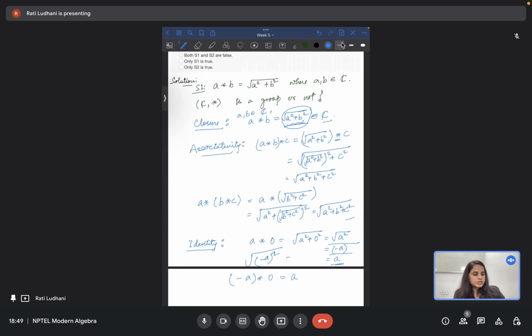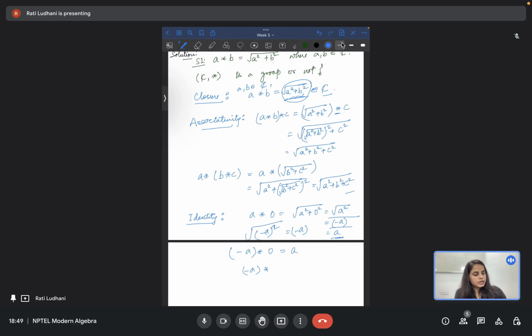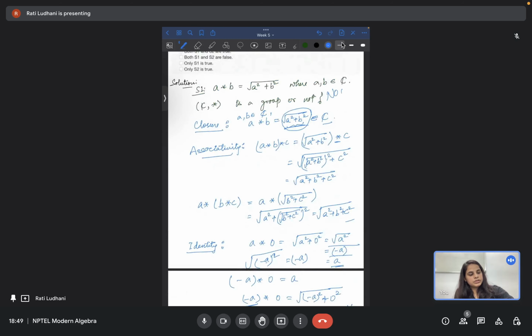So minus A star 0, you got root of minus A square plus 0 square, and that is your A also, not minus A, as I said. So identity is not defined here. That is the problem. So this is not a group.